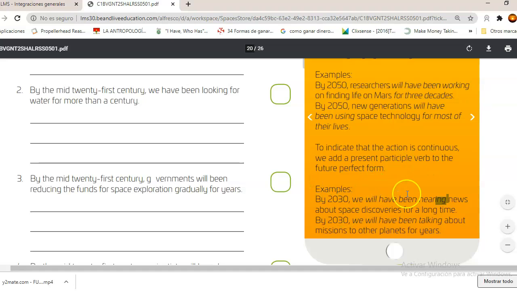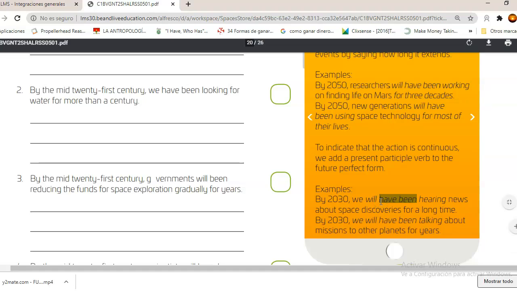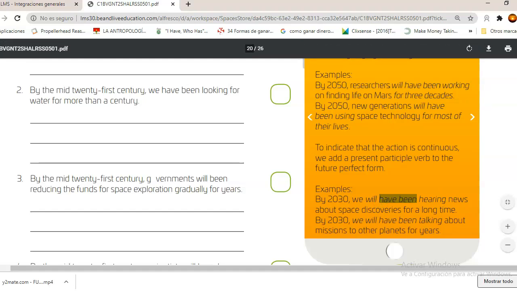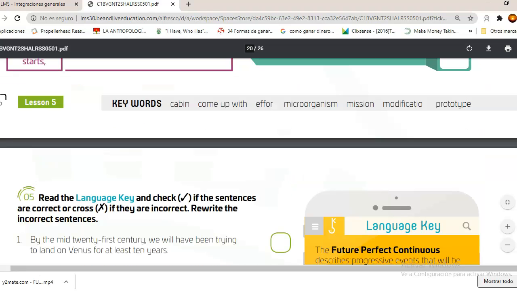So this is a present participle verb, but it's also in a continuous form. So remember that when we see the participle forms of each verb, it is because we're going to be using the continuous form.